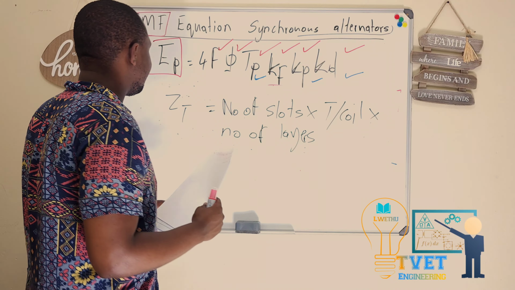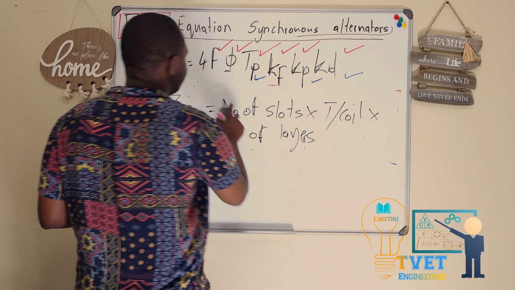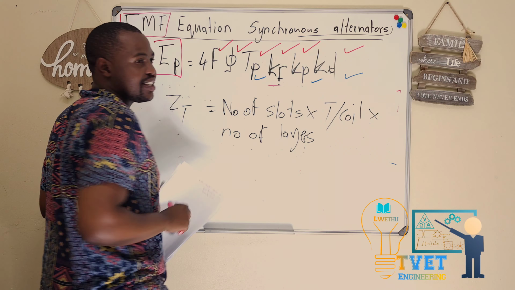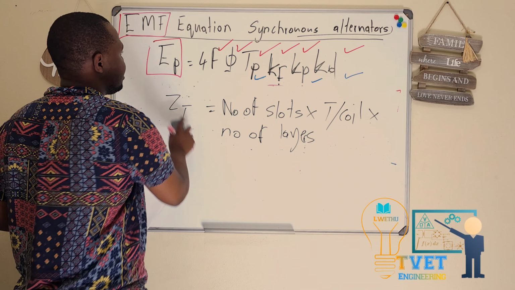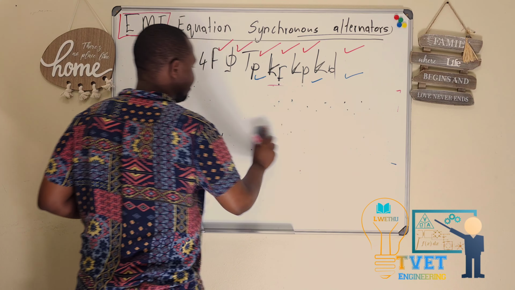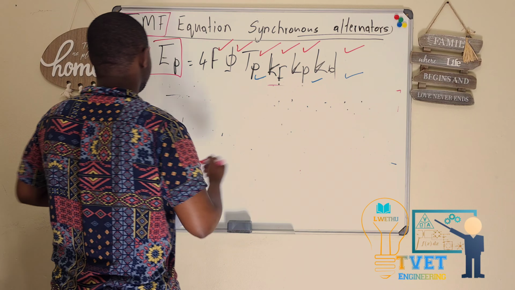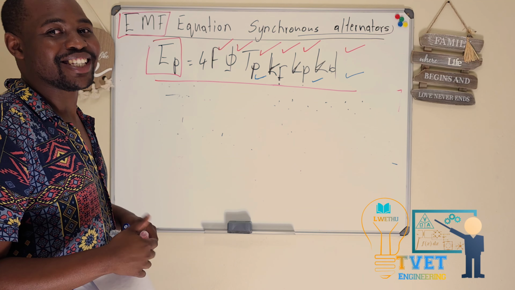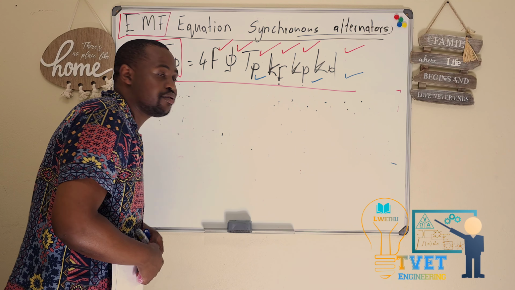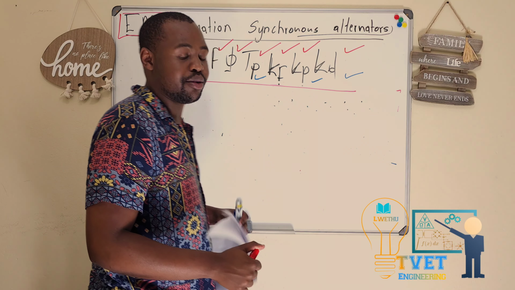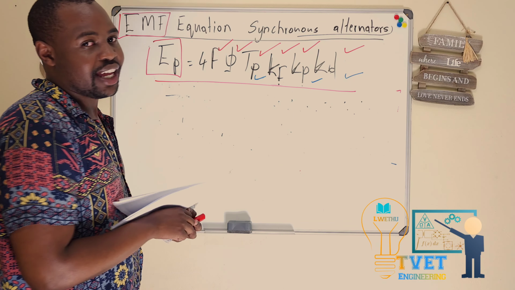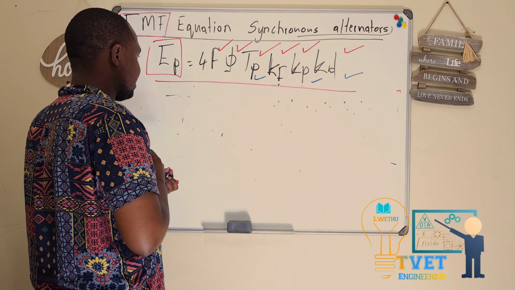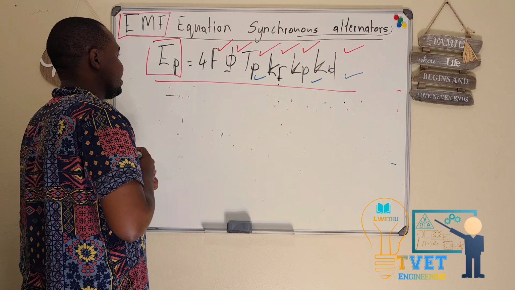But before I do that, you see this equation, it is not written like this in the formula sheet. The EMF equation is not written in this format. It's the same formula. It is a correct formula. There's nothing wrong with the formula. They are just expressed differently.